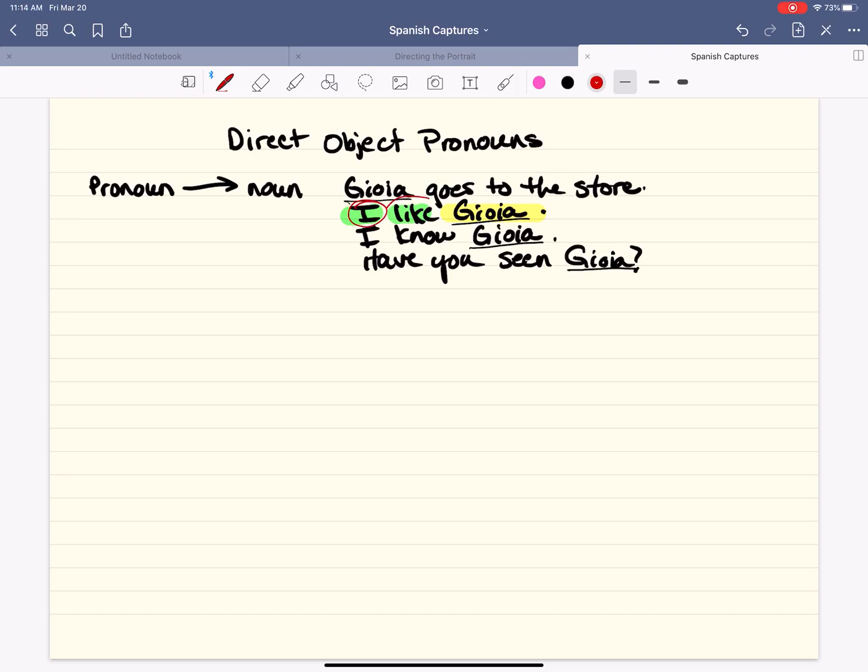My verb is to like, and Joya is the person, place, or thing that's receiving the action of my liking. That means that Joya is the direct object. The direct object directly receives the action of the verb. So, that's number 1 here, okay?